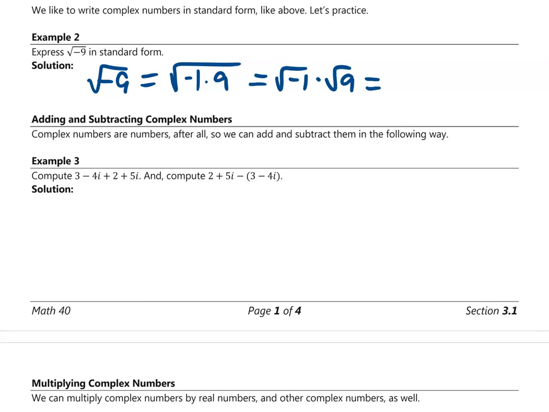So this is equal to 3i. And writing it in standard form, you can rewrite this as 0 plus 3i, where 0 is the real part and 3i is the imaginary part.